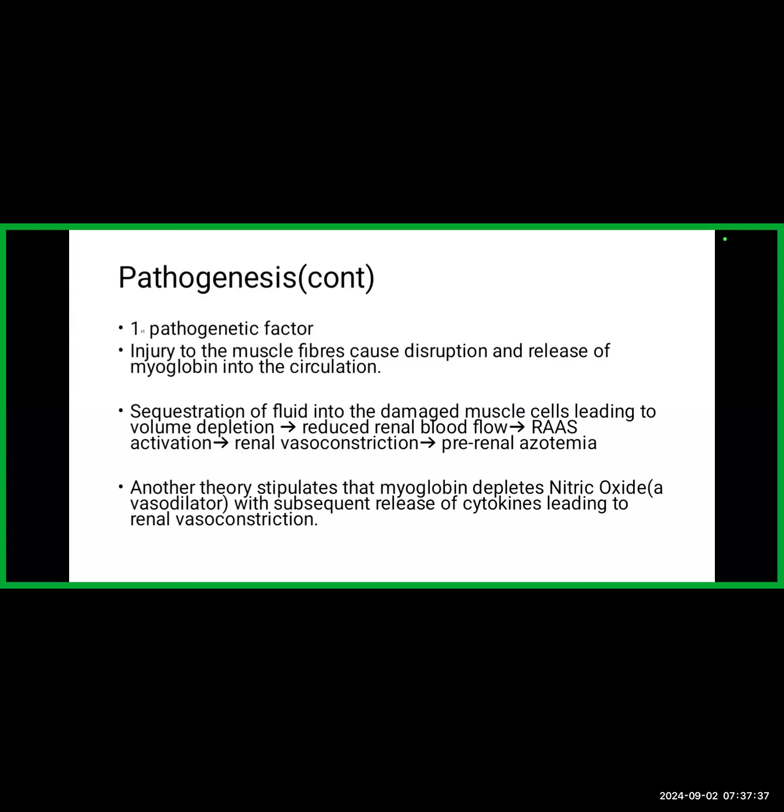Subsequently, the renin-angiotensin-aldosterone system will be activated, and that will cause renal vasoconstriction, and this will lead to the prerenal azotemia. So this is the first pathogenic factor theory that has been postulated. Then another theory is that the myoglobin depletes nitric oxide, and we know nitric oxide is a vasodilator, and this would also lead to subsequent release of cytokines, eventually culminating in renal vasoconstriction.